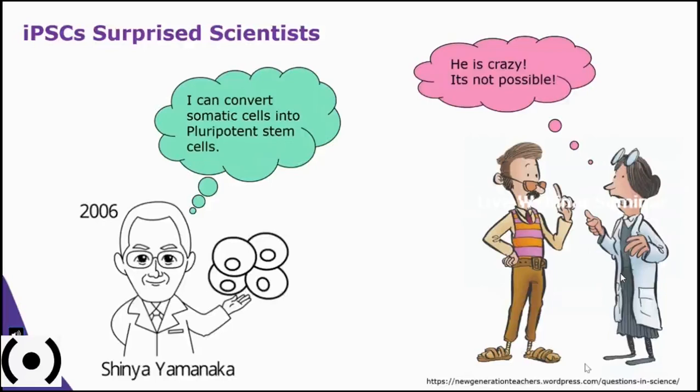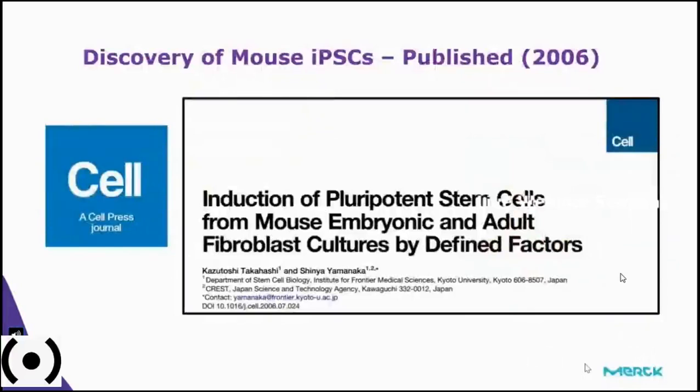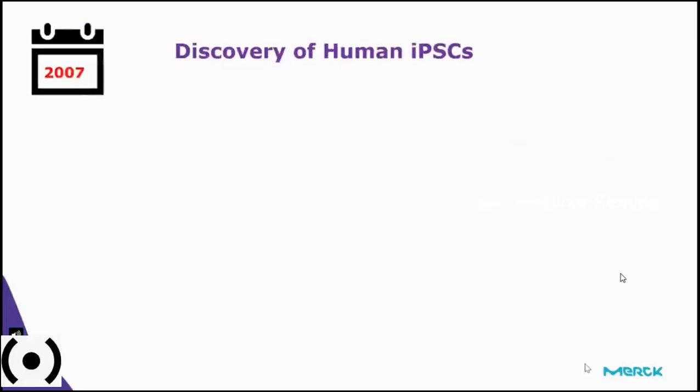But in 2006 only, Yamanaka published his findings in the prestigious journal Cell, right? This was the paper. If you get some time, just go through this paper. And then after that, Yamanaka worked on human cells and performed the same experiments.